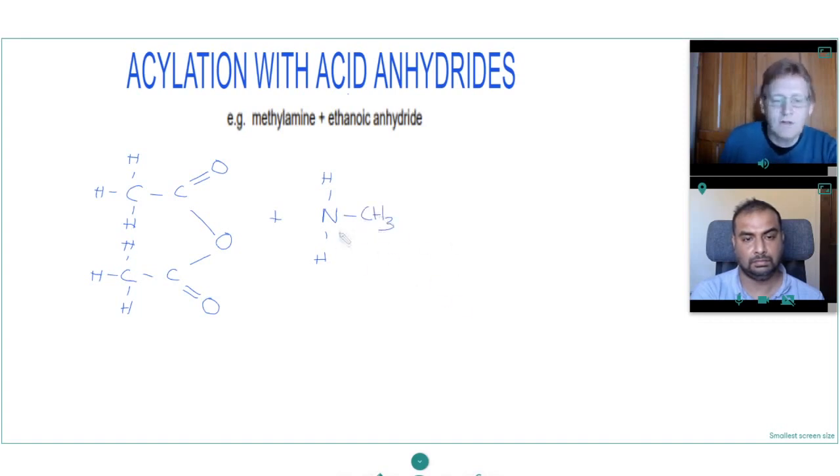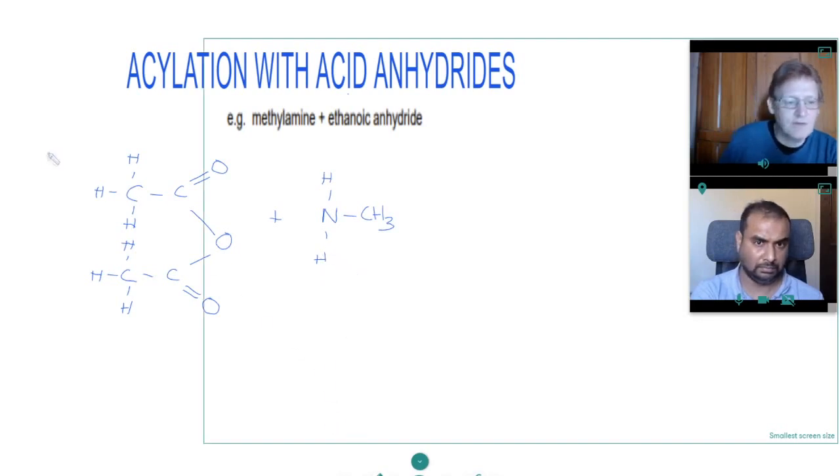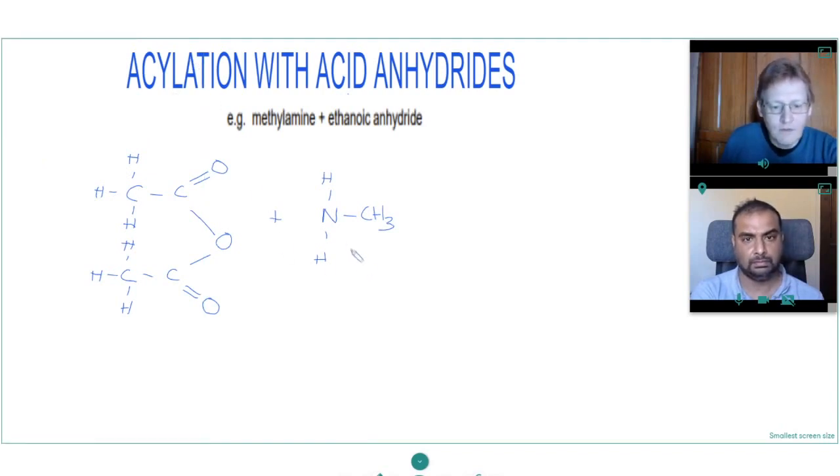And with acyl chlorides we formed HCl as one of the products, but instead of hydrochloric acid here we form a carboxylic acid, whereas the acyl chloride on the bottom had a Cl which would bond with the H. Here, if we choose a different color, then the H bonds with the bottom of the acid anhydride to form our carboxylic acid.